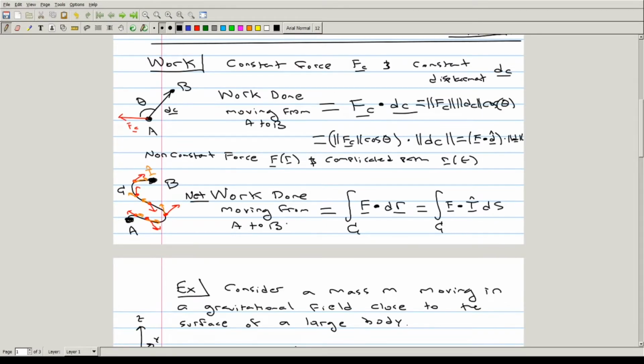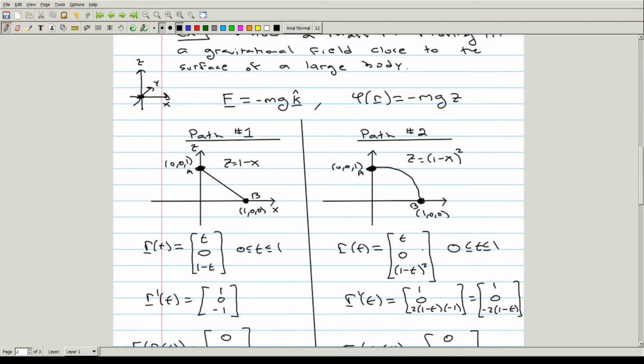But there's a certain class of vector fields that are path independent, and it shouldn't take you long to guess what that class is, based on where this force field is coming from. For this example, the force field is coming from a conservative vector field because the force is coming from this potential function right here.